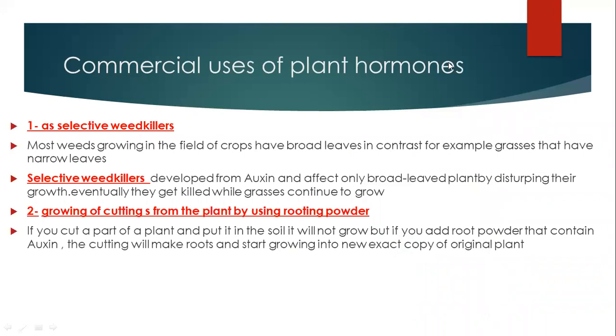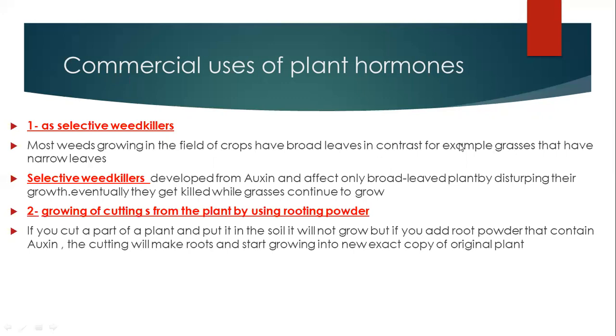Commercial uses of plant hormones: they are used as selective weed killers. Most weeds growing in crop fields have broad leaves. These weeds are harmful to the plant, sharing the crop's nutrition and so decreasing its growth and development.